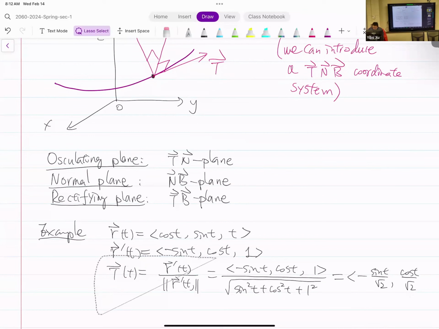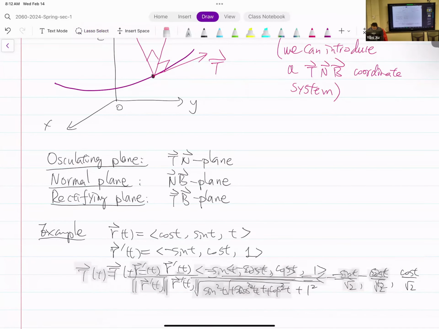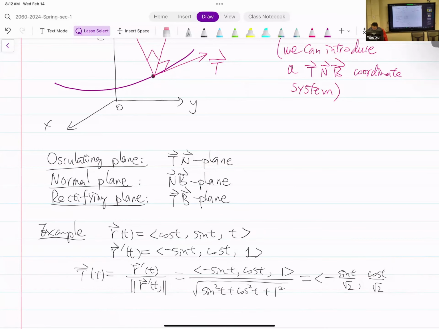I need a little bit more space, so let me move it. Finally, we have 1 over square root 2, to make sure that the vector right here is a unit vector, right? So it's good.